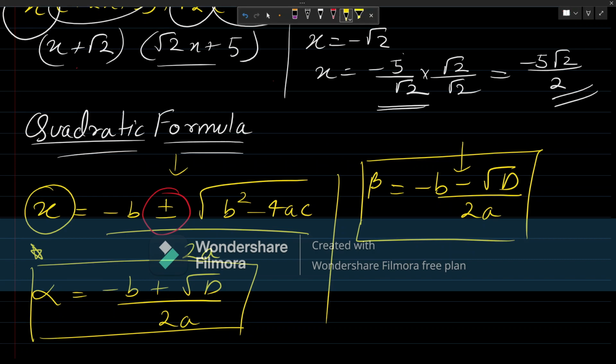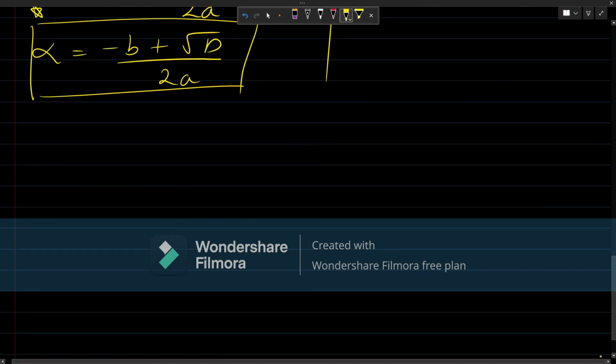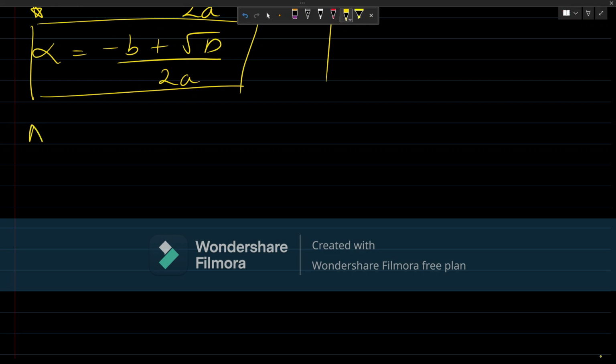And now there are also conditions that you need to remember. Let's talk about the nature of roots. In the question, they might say find the nature of the roots. So how will you do it?